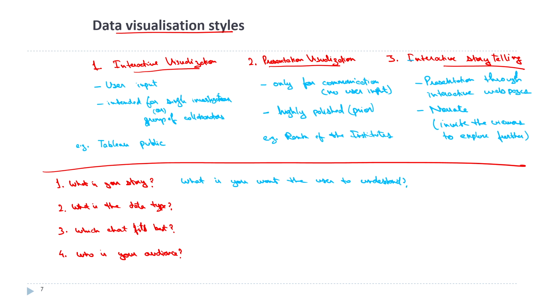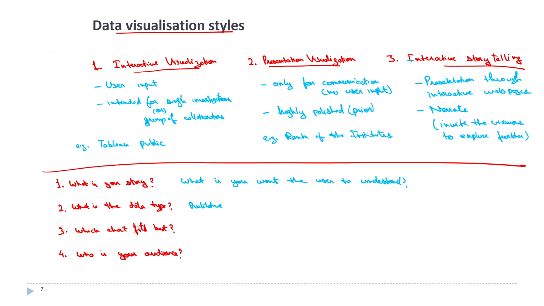So, once your target is fixed, what you are trying to present and what finally you are going to get out of it, then comes what kind of data you have or what you want to explain through this data. So, is it qualitative? That is, we have become better than before, or we have added new features in our product.